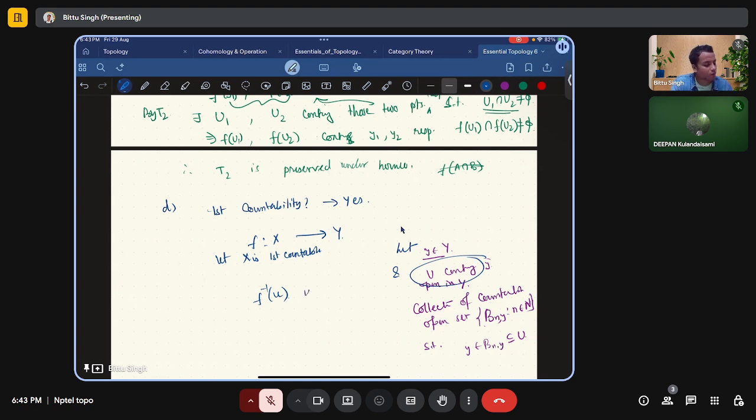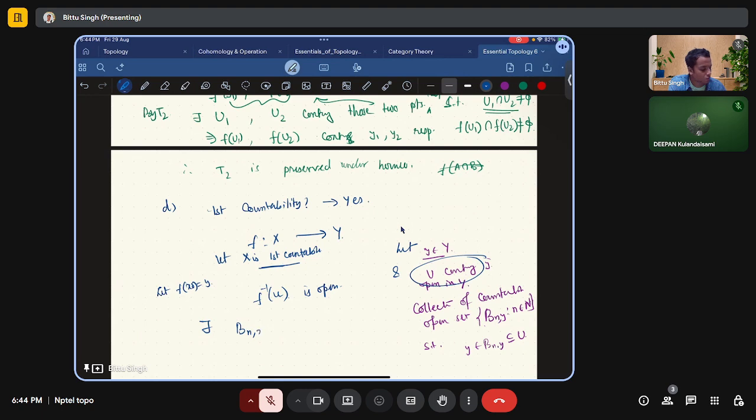Then f inverse of U is open. Now use the fact X is first countable. Consider any pre-image of y. Let f(x0) equal y.